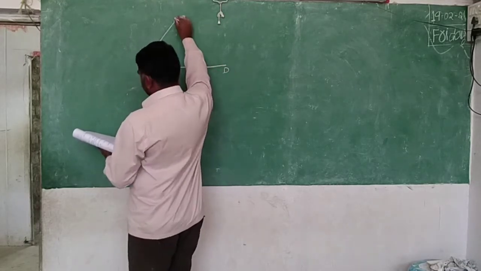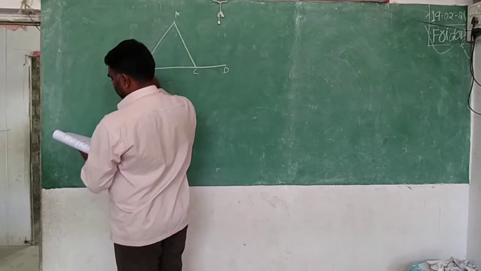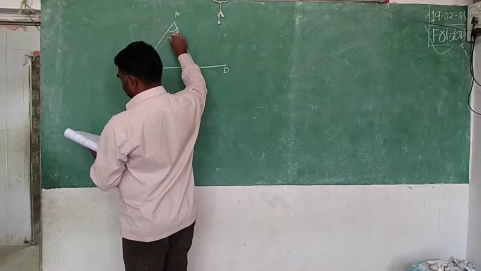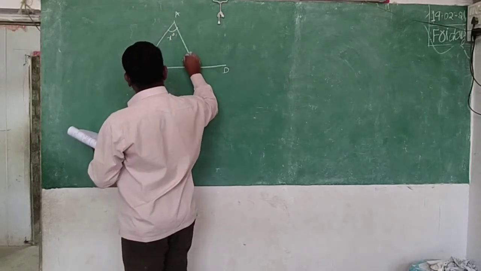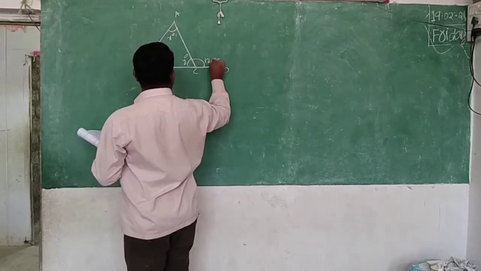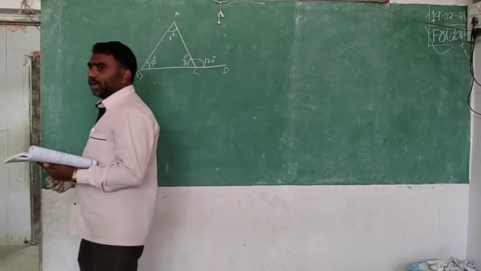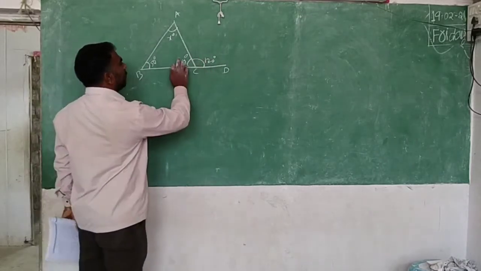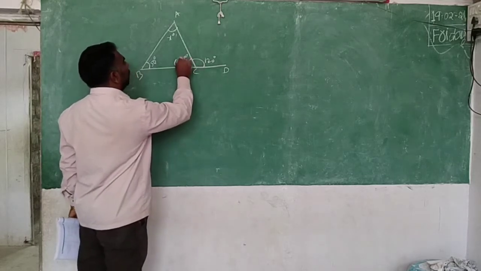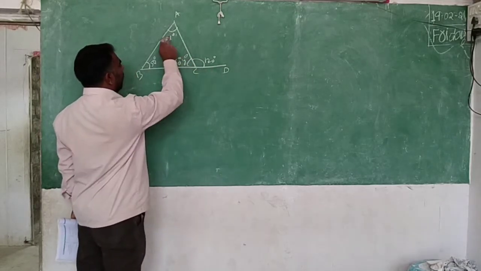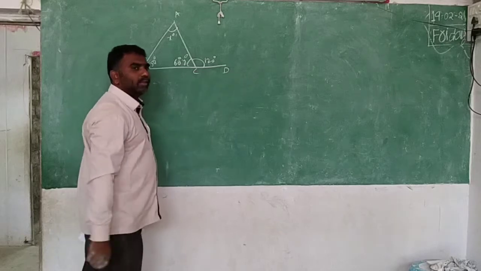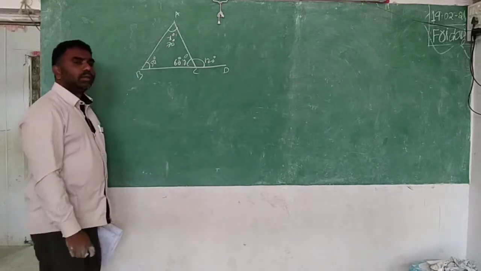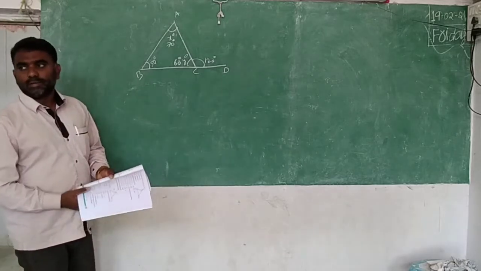C, D, A, B. This is 50, and it is x, and it is y, and it is 120. Easy questions, you have already calculated. Yes, linear pair. We can get it by using linear pair. So that's why 50, and how much will it become? 120. So which steps can you write?